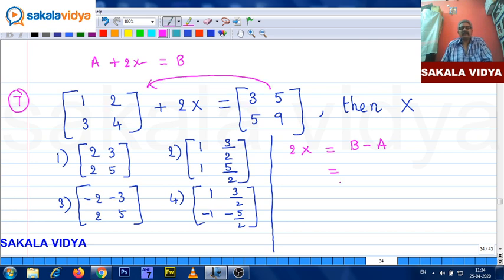You get 3 minus 1 = 2, 5 minus 2 = 3, 5 minus 3 = 2, 5. Now x is equal to half multiplied by this one. Half into 2 1, this will be 3 by 2, 1, 5 by 2.